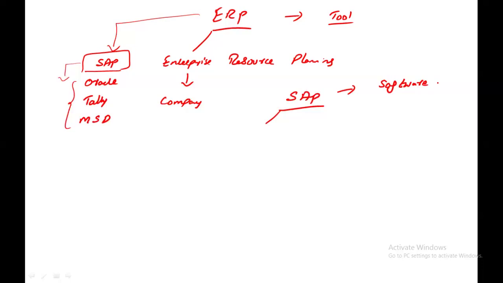It is just an application, nothing more than that. So SAP stands for system application programming. So when I say system application programming is SAP, the name itself tells it is a programming tool.